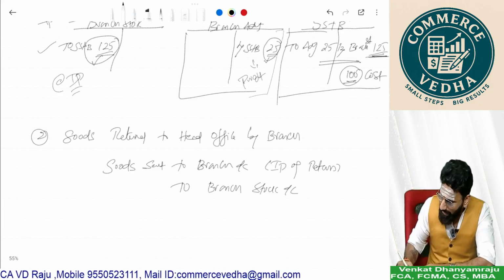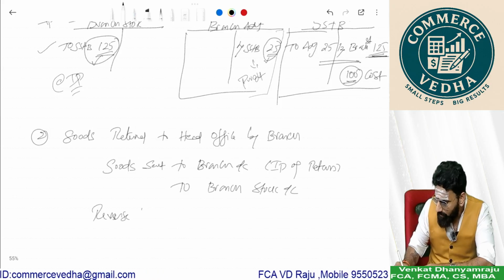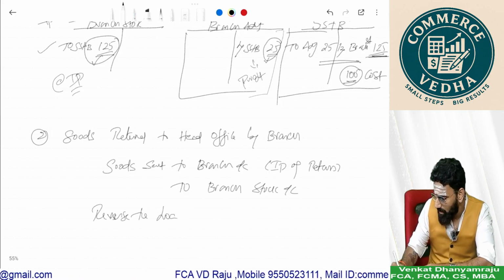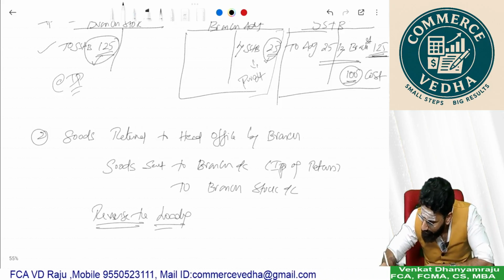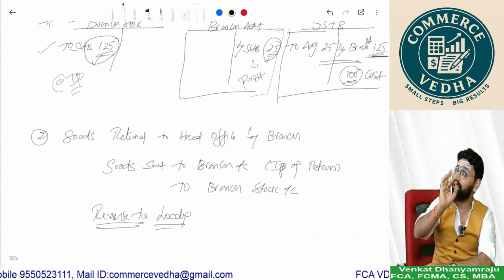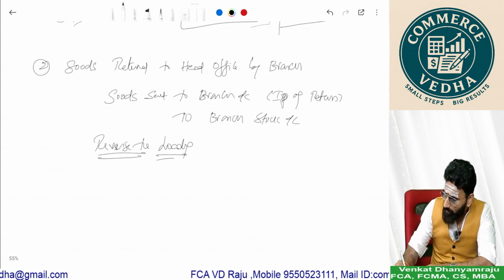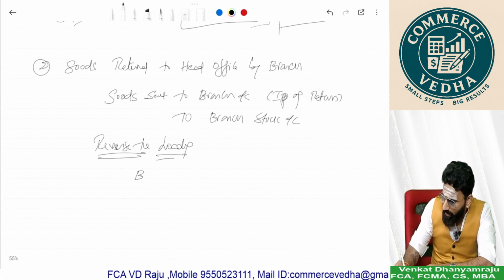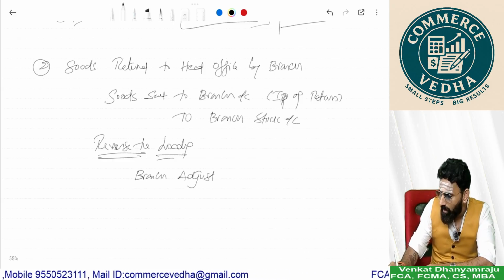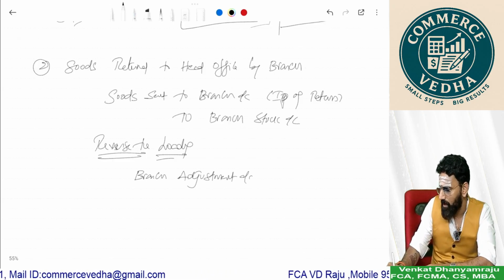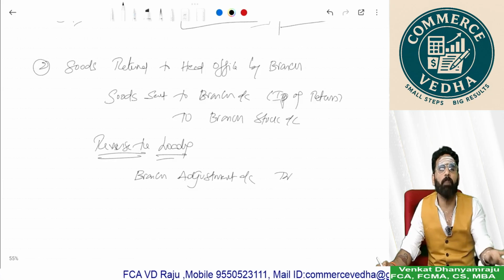Now, immediately you should reverse the loading in this. The minute I see invoice price, I should know that there is loading in the price. The loading should always be through branch adjustment. This profit we are not earning this year because it is returned back to head office.